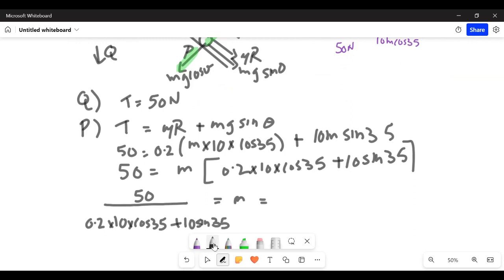So what do we get for m? It says it should be 6.78.